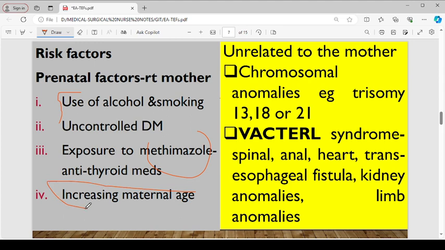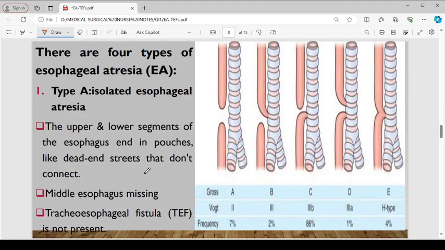Those unrelated to the mother could include chromosomal abnormalities, especially trisomy 13, 18, or 21, and also those with VACTERL syndrome, like those presenting with spinal disorders, anal anomalies, heart problems, tracheoesophageal fistula complications, kidney and limb anomalies, who are likely also to suffer from this condition.